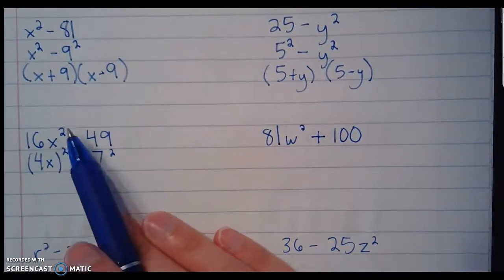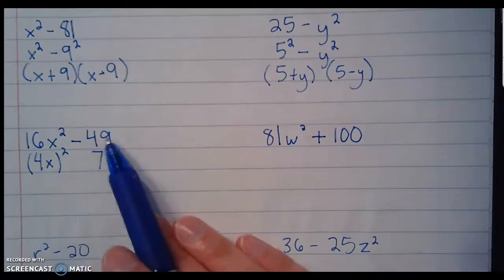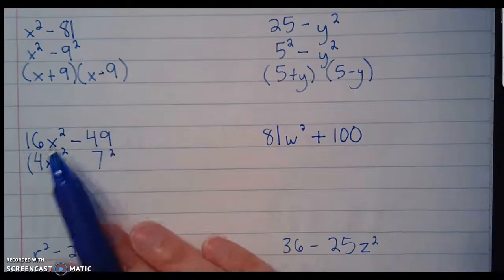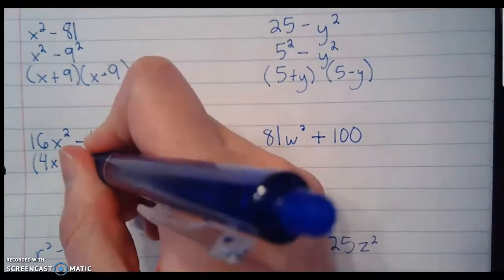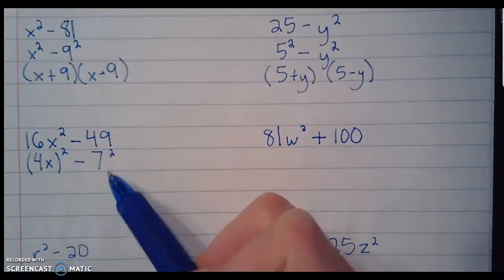So 16x squared is a perfect square. Its square root is 4x. 49 is a perfect square. Its square root is 7. So this expression, 16x squared minus 49, I can rewrite it as the quantity 4x squared minus 7 squared.